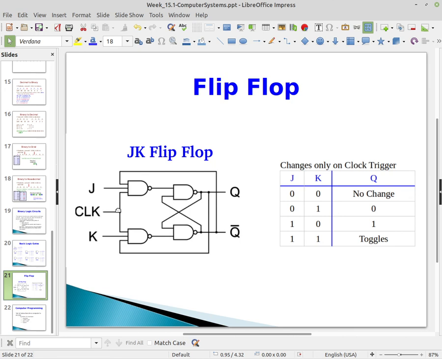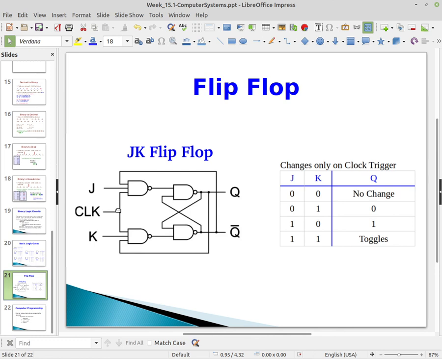And the way these things work is that if J and K are both 0, then whatever Q was at the previous clock, that's what Q is going to be on the next clock. So there'll be no change.